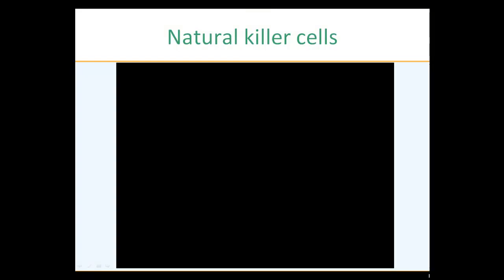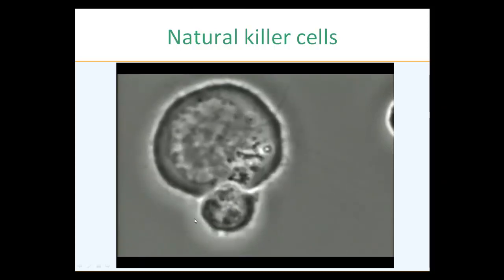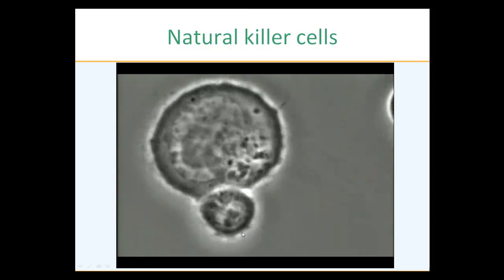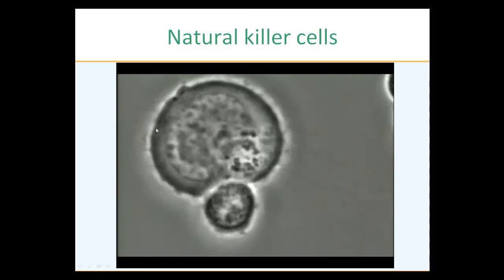All right. I think I have another video here that also shows the action of a natural killer cell, but not as much animation and color. So we have here a time-lapsed video of a natural killer cell with what looks like a cancer cell.